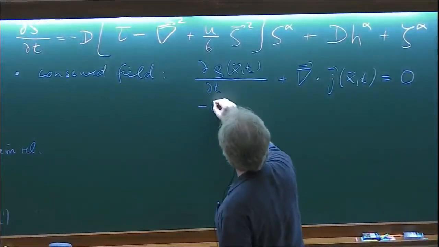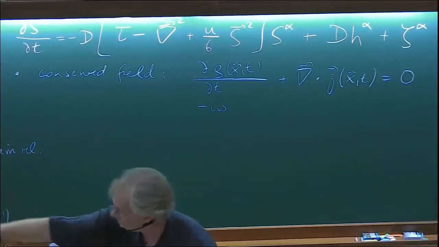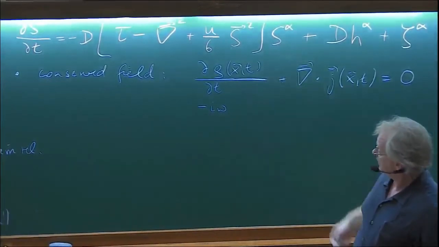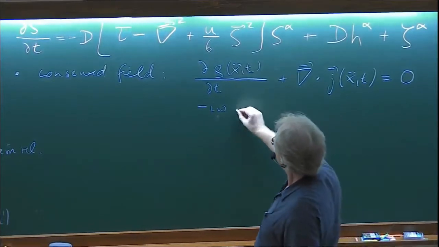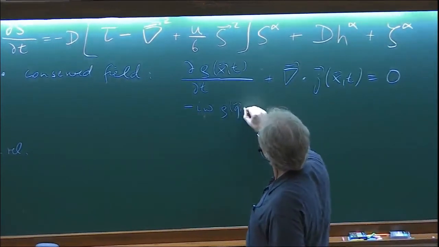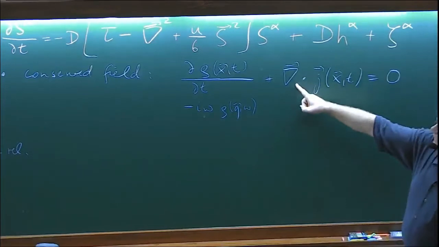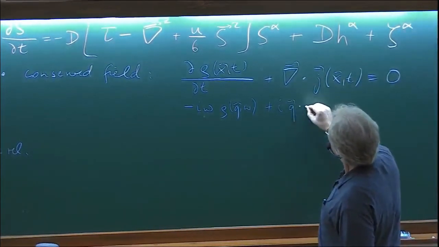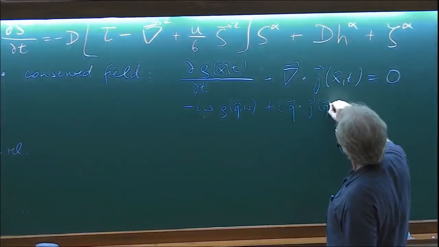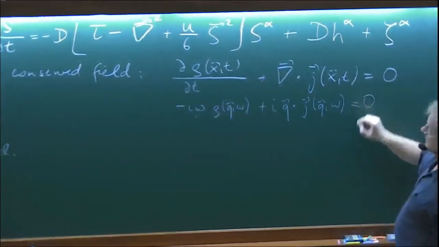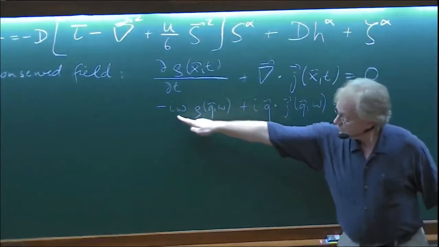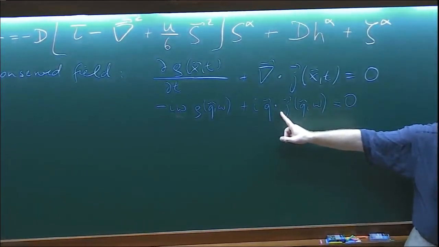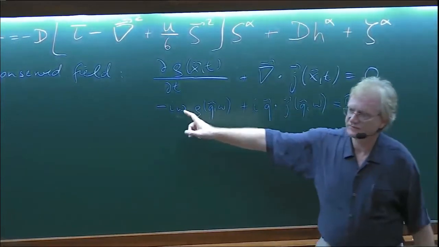So if I Fourier transform that, with the same convention that I have down there, so this goes as e to the minus i omega t, d by dt gives me minus i omega. This gives me an iq, wave vector dotted into j of q and omega. And so we already see that the dispersion needs to be at least linear in q. So if q goes to 0, the frequency will vanish.